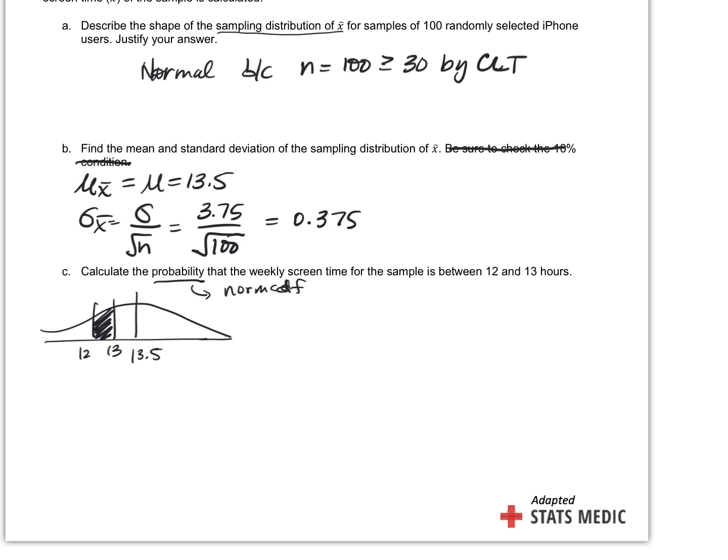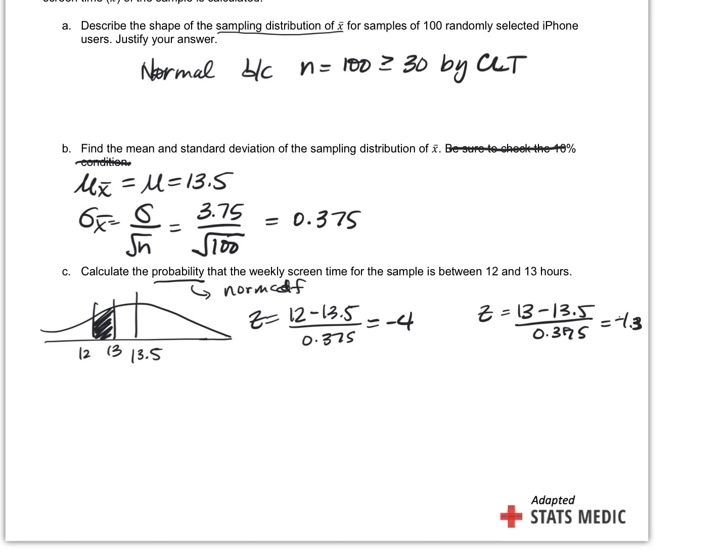For 12, I would do 12 minus 13 and a half divided by 0.375. And for 13, 13 minus 13 and a half. Let's see what I get. That's a -4. It's -1.3. Okay.